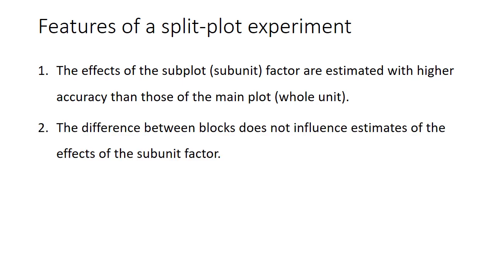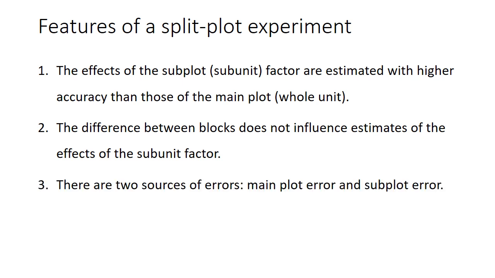Since the main plot accommodates all levels of the subplot, the main plot is a block for the subplot. Differences among these blocks are confounded with differences among the levels of the main plot. Therefore, a split plot design is sometimes considered as an experimental design in which certain main effects are confounded.